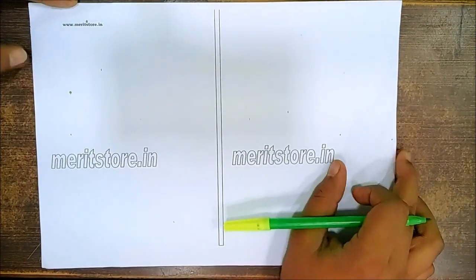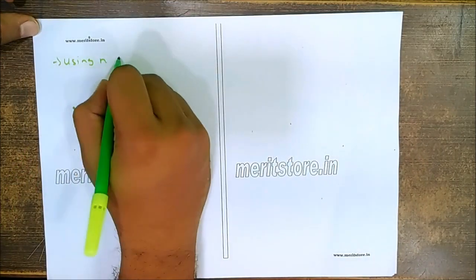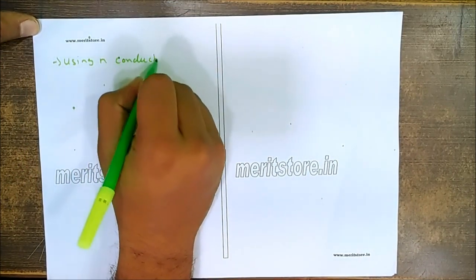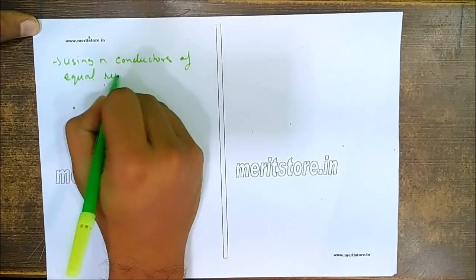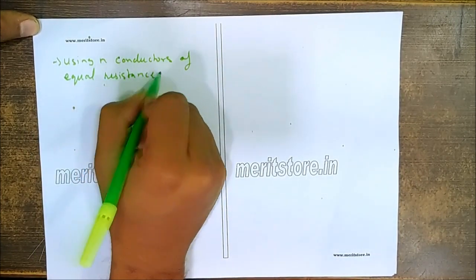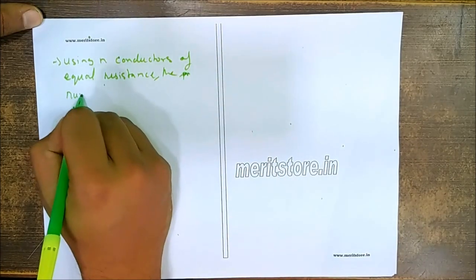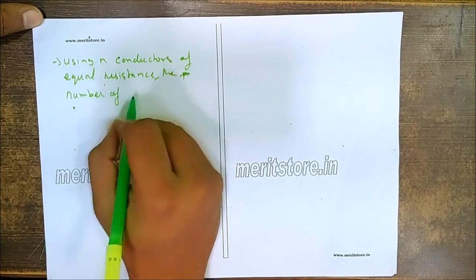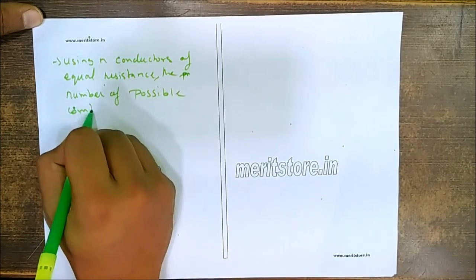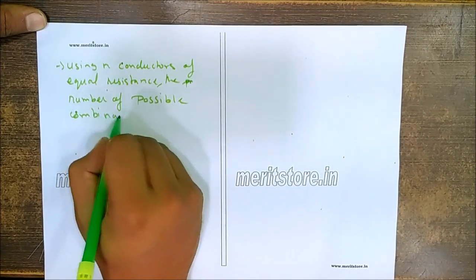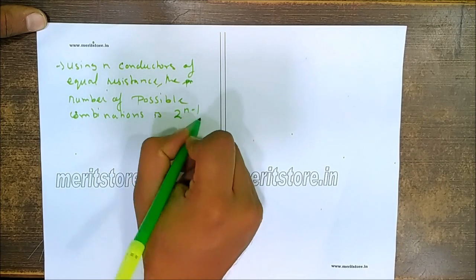The next is, if we are using n conductors of equal resistance, the number of possible combinations is 2 raised to n minus 1.